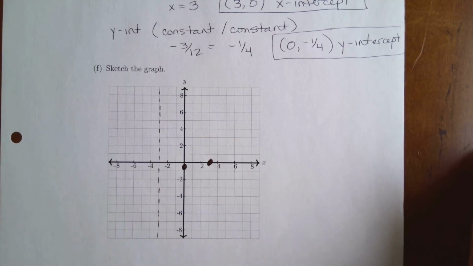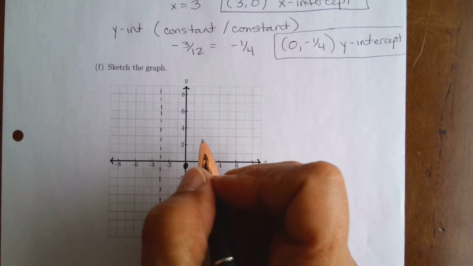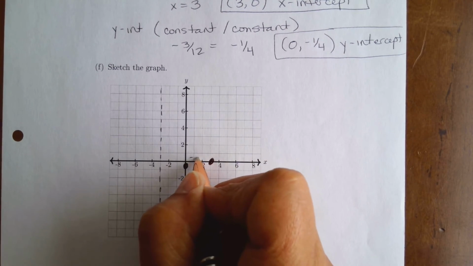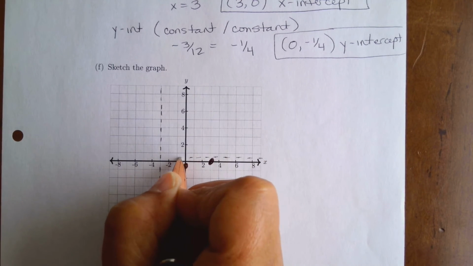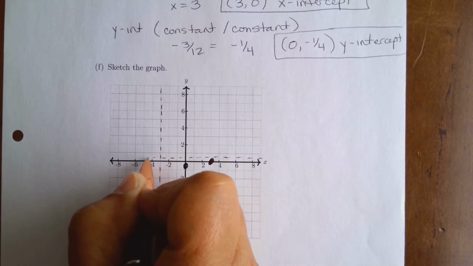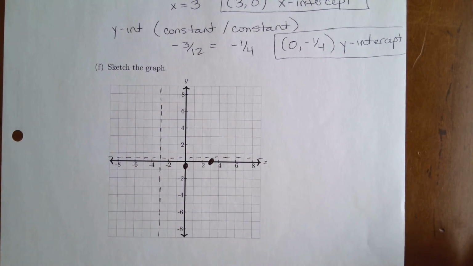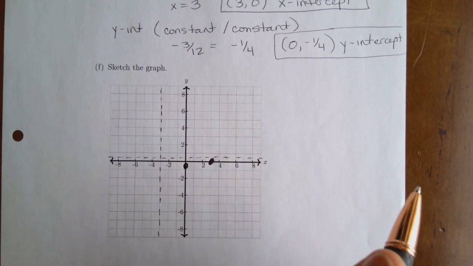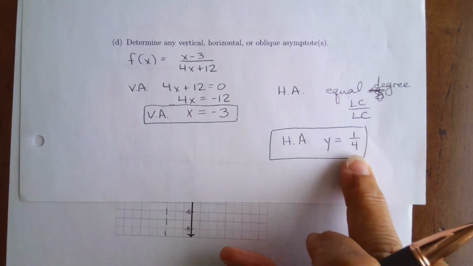And then positive 1/4, right? So up here, horizontal. Can't get real close to 1/4, but looks like almost a half. But you get the picture. We're just sketching, so as close as you can be. So the horizontal asymptote was positive 1/4.